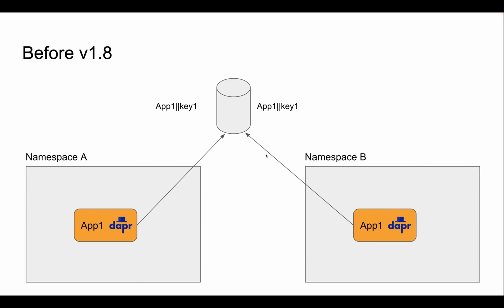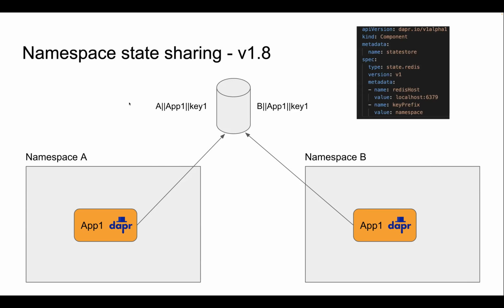And then if it's on Kubernetes, then you might need to scale out more than you would, because databases take compute, and of course they take memory. And of course it's quite an operational overhead. But starting 1.8, what you can actually do is configure a metadata value for a state store component. And we've already had this in Dapr called key prefix.